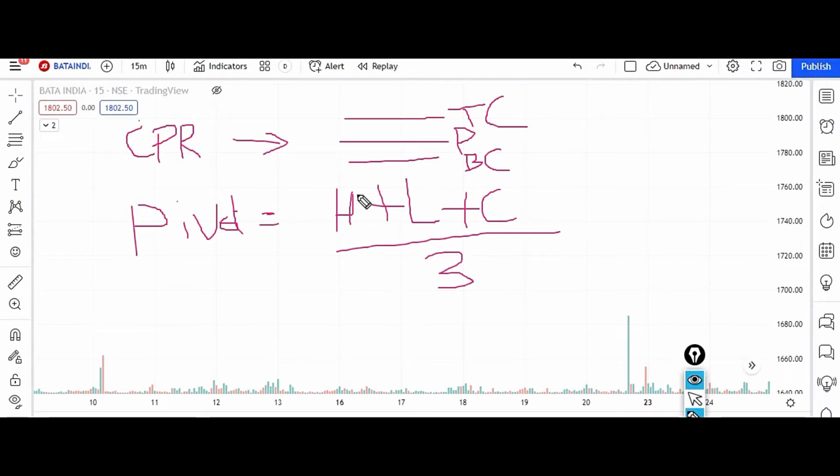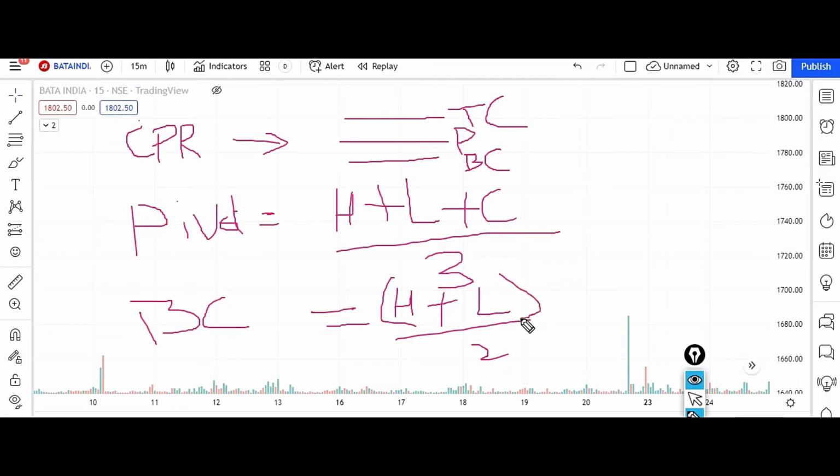These calculations are based on today's price chart, high and low and close, divided by 3, which is the pivot. Next, BC is derived as high plus low by 2. This is the current day's high candle and low candle, divided by 2.